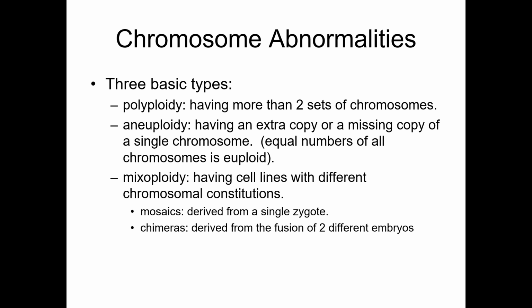Then mixoploidy: having a cell line with different chromosomal constitution. Remember, in a cell, if there are 23 chromosomes, all these chromosomes have some similarity with respect to their chromosomal constitution. But in mixoploidy, this gets changed.